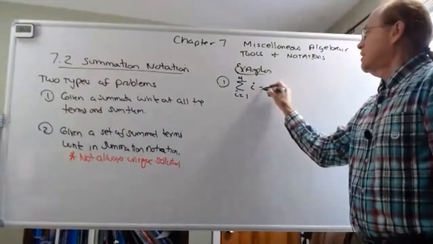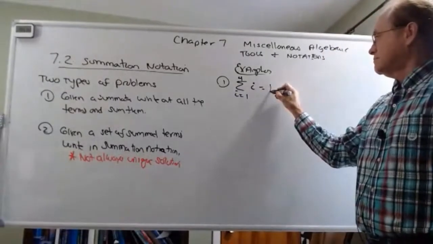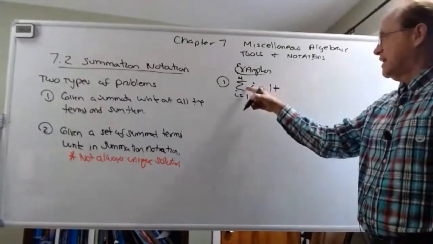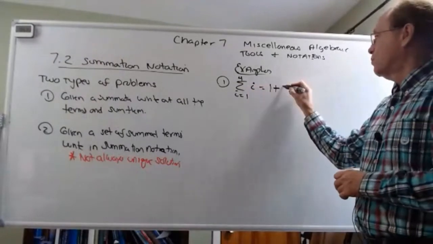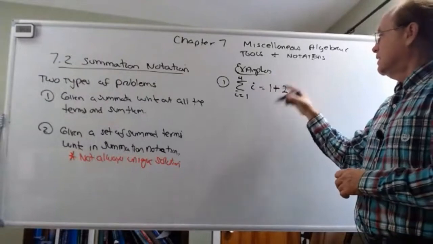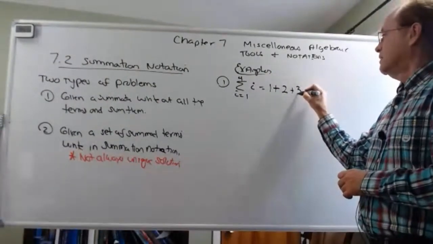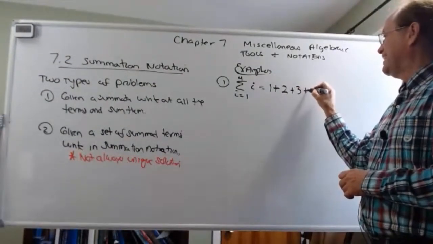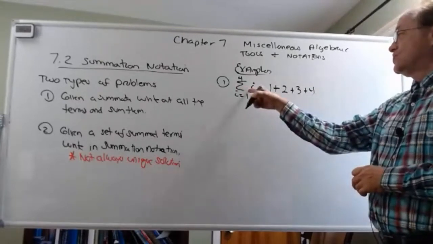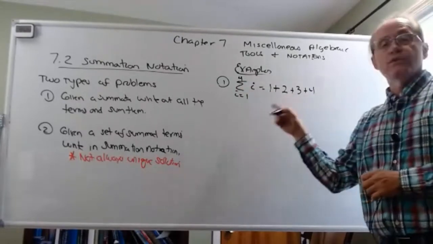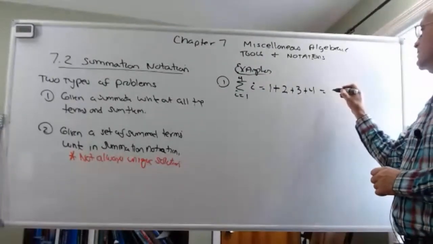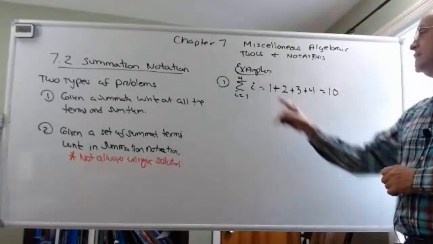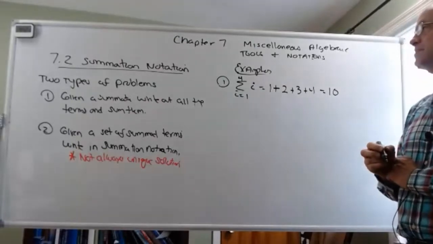Well, I plug in i equal to 1, then I add. Sum means to add. Now i has upped its value to 2, so now it becomes 1 plus 2. Then I up i to 3, and I sum it. And I up i to 4, and I sum it. So this is shorthand notation for taking 1, 2, 3, and 4 and adding them together. And you can see over there you just get 10. So that's the final solution to that.